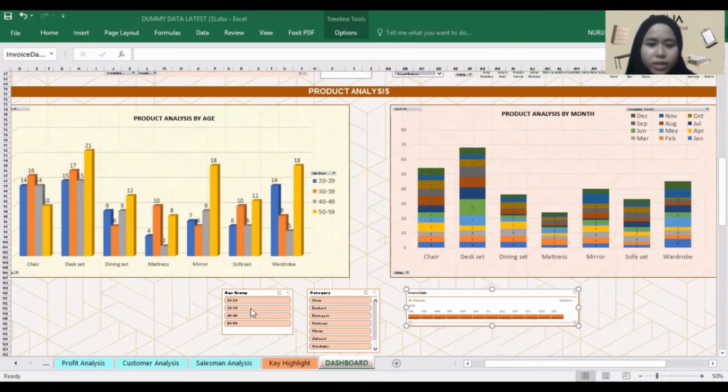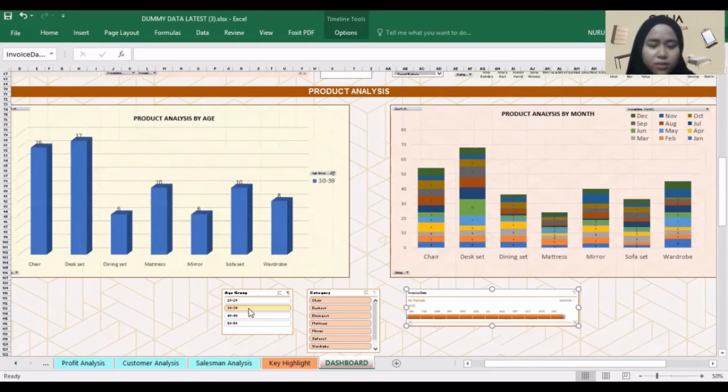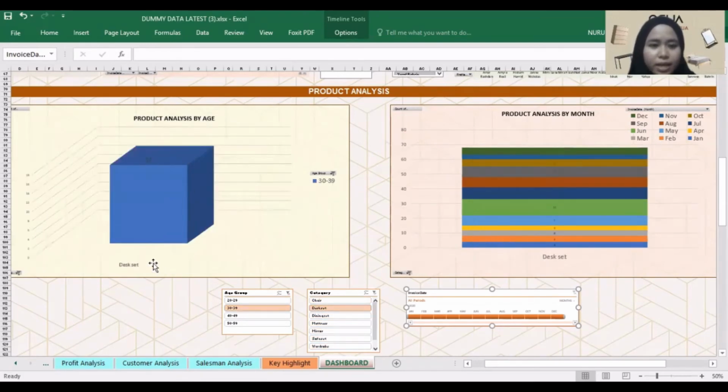As for the slicer, we are using age group, type of product, and timeline to show the months. If we want to know the sales of the set for the age of 30 until 39 years old for the whole year, we can see that the set bought by persons aged 30 until 39 years old is 17 units.